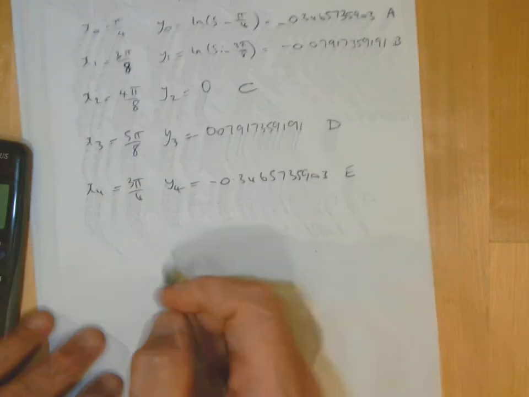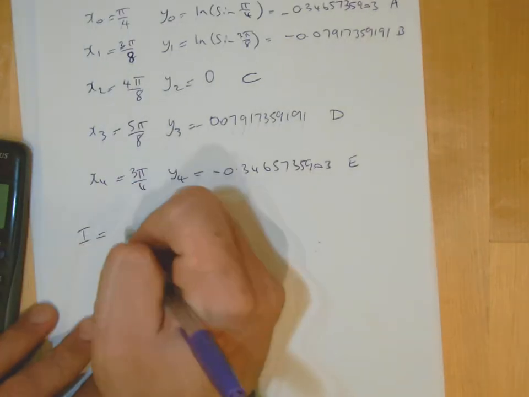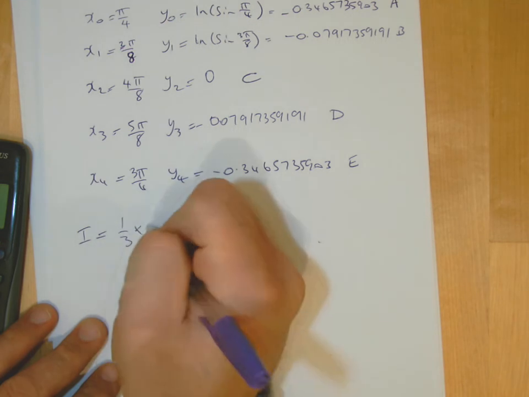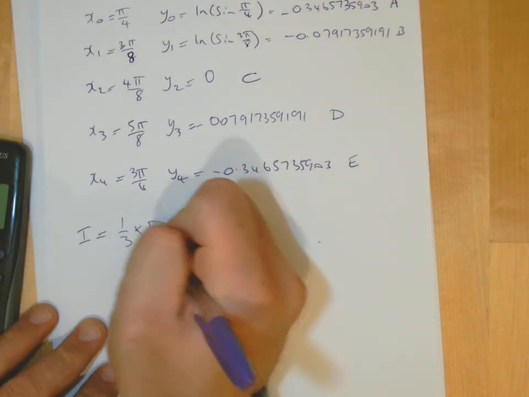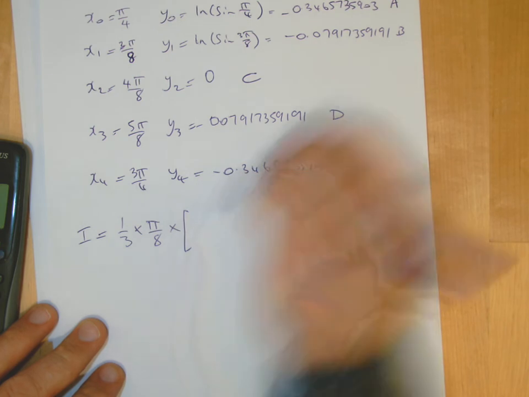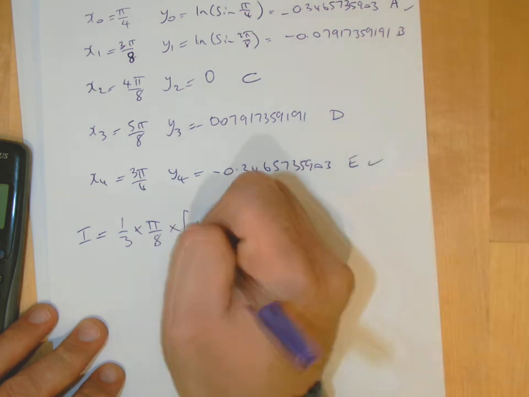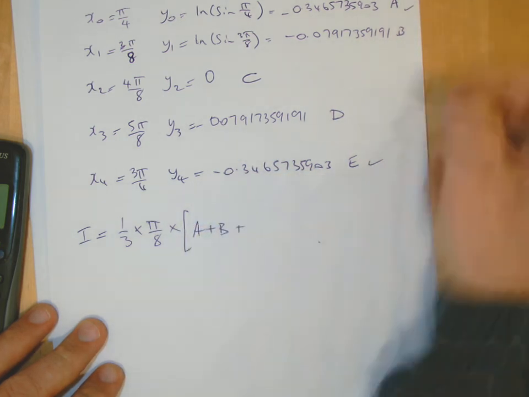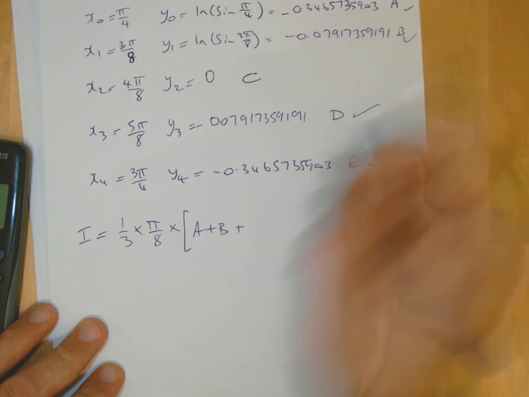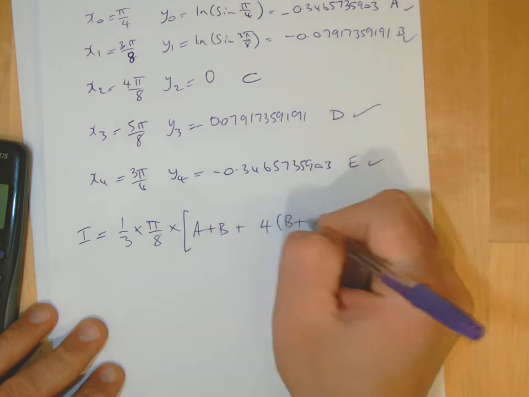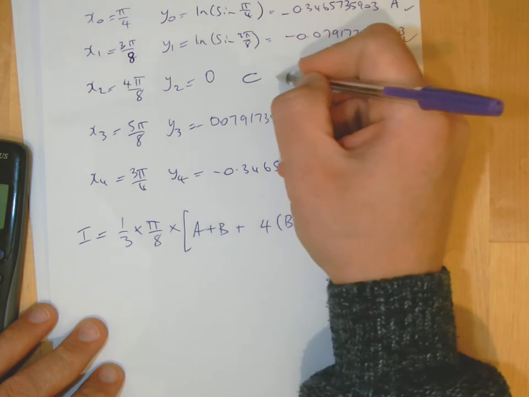So when it comes down to Simpson's rule, again, the formula is 1/3 times pi over 8 from the formula booklet, that's the height, times the first and the last, so A and E, plus 4 times the odds, plus twice the evens.